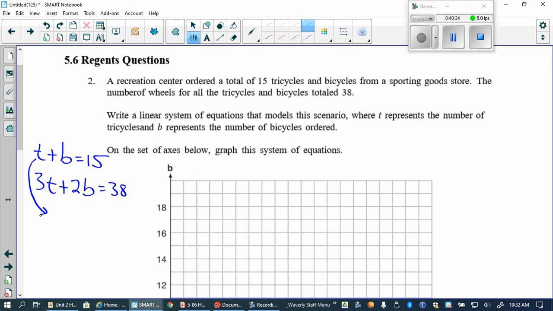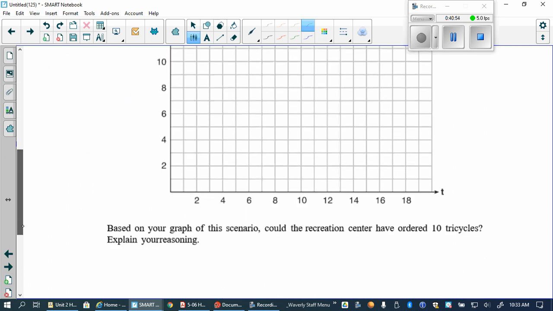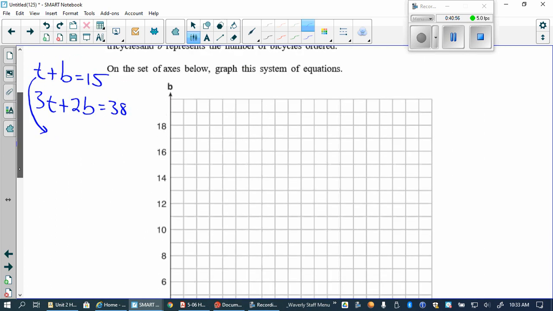If I put a 0 in for b, what's the t-intercept? Can we solve this algebraically? Look at the axes: it's a t-axis down there, b-axis there, so x and y.